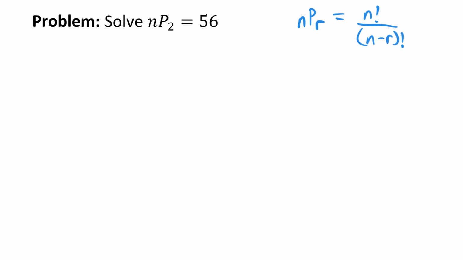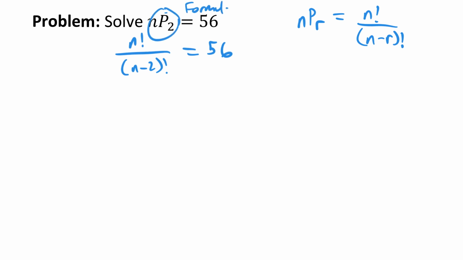In other words, we could write this as n factorial over n minus 2 factorial equals 56. So it's the sort of same thing we just had, but there's an extra step of recognizing that this is from our formula sheet.